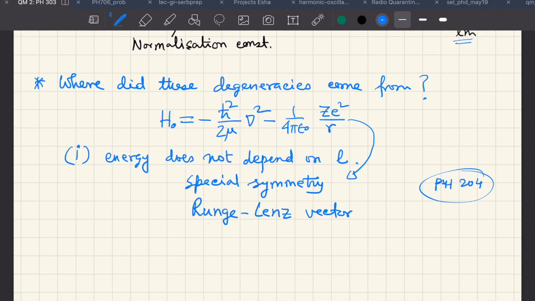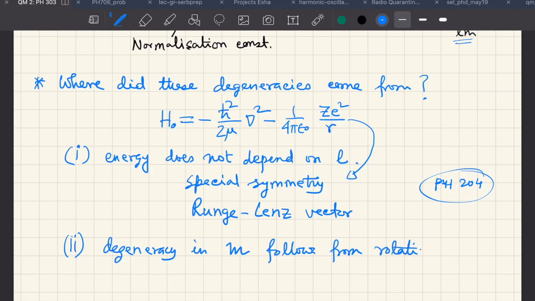But now you also ask, well, my degeneracy is not only related to the orbital angular momentum quantum number, there is also a degeneracy in m, which is the azimuthal quantum number. So from where does this degeneracy in m come from? The degeneracy in m follows from the very simple rotational invariance.